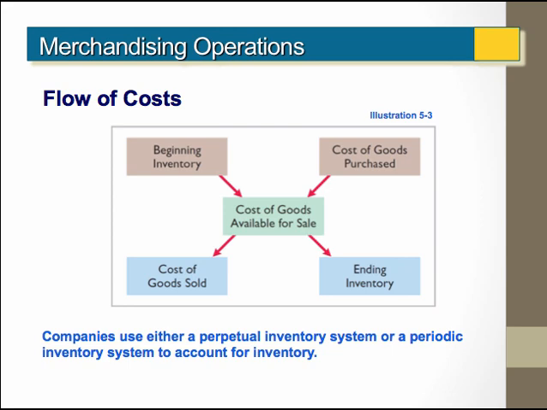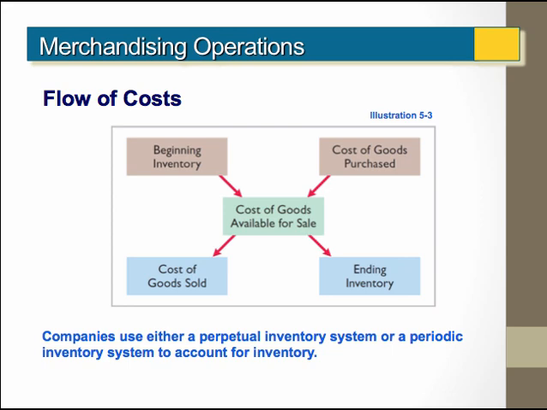Now, companies will take this equation and they will look at their inventory and keep track of their inventory one of two ways, either using the periodic inventory system or the perpetual inventory system. The difference is that the periodic inventory system waits till the end of the month to determine how much is in ending inventory.